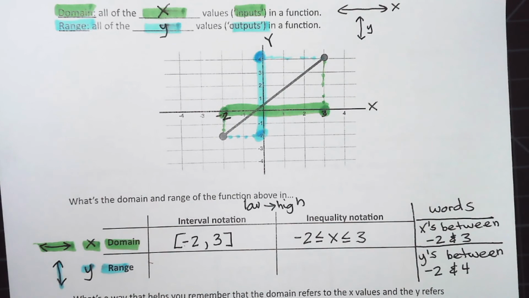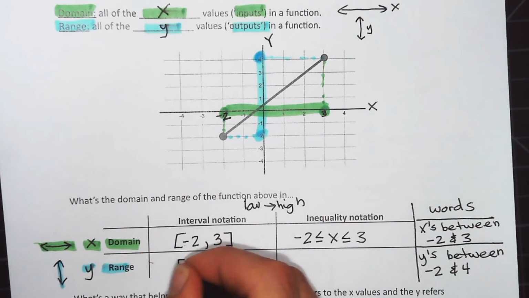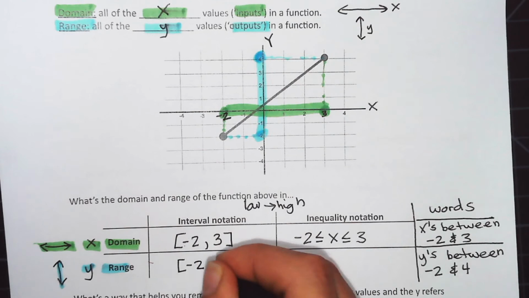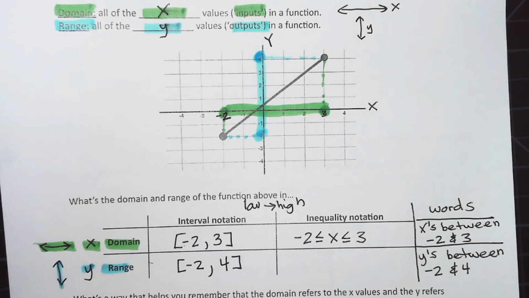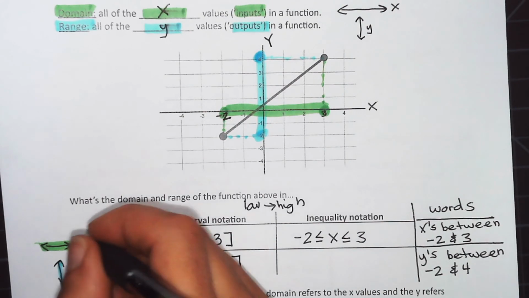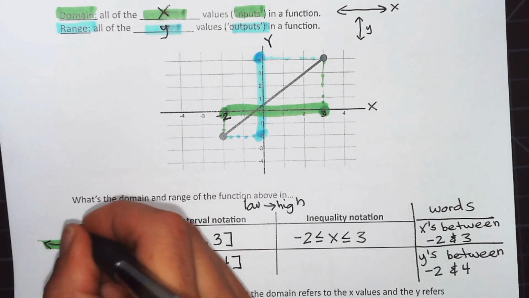The way that we would write that is the farthest down the graph goes is -2. The farthest up the graph goes is +4. Always going low to high. So x's, you're going left to right.